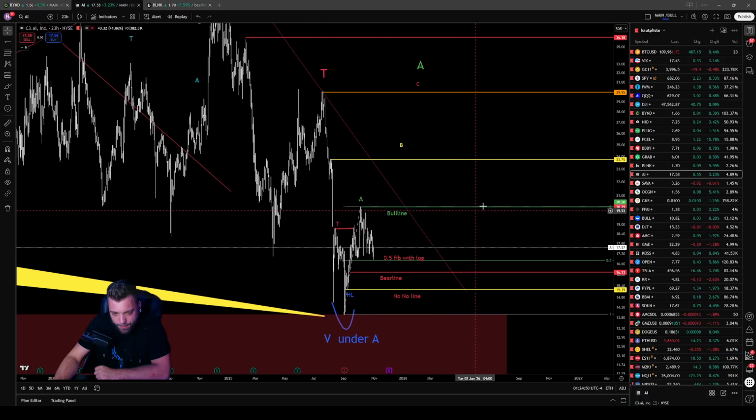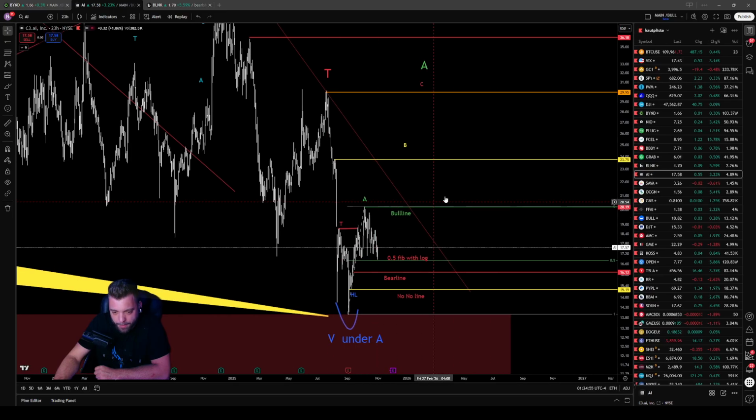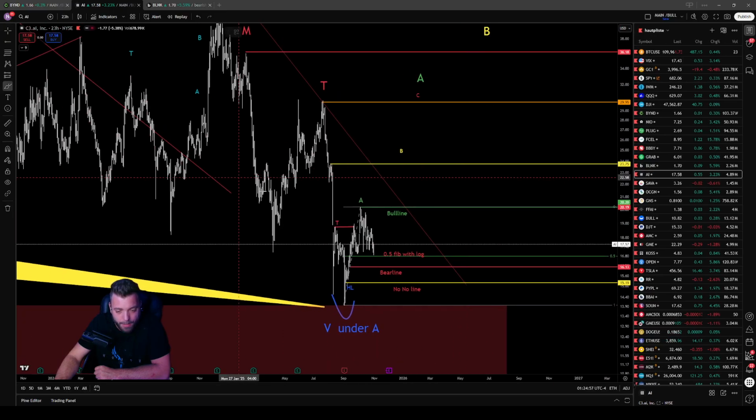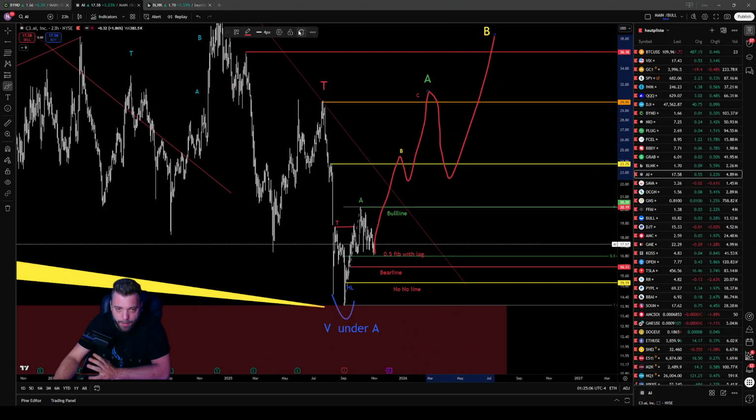So for the bullish version, the pullback of this little micro A is finished, and your next target is B, little pullback. Then you go to your real A, pullback B, and so on and so on.